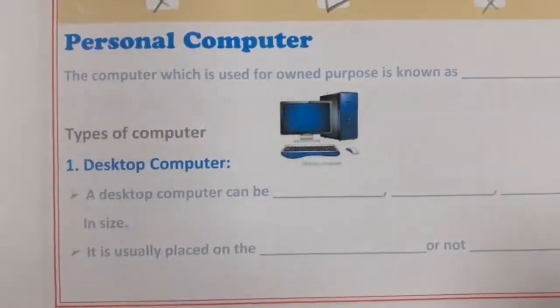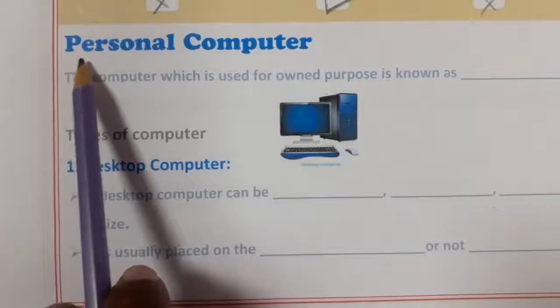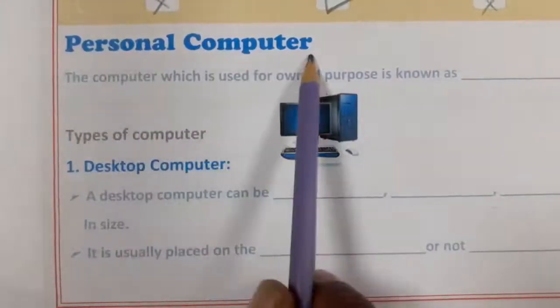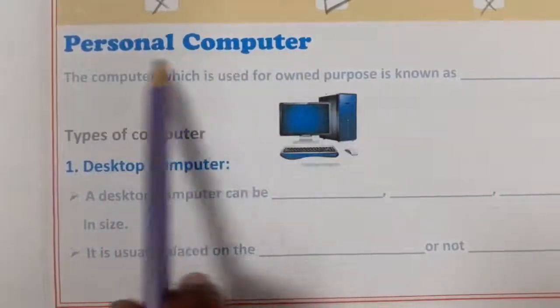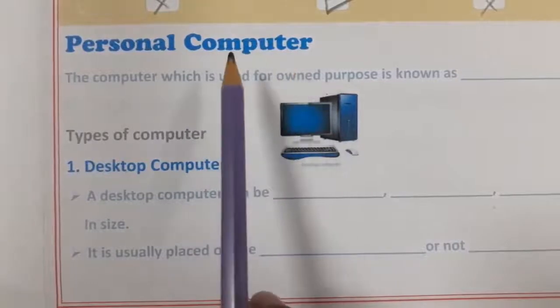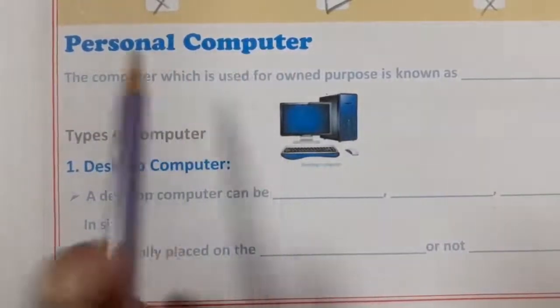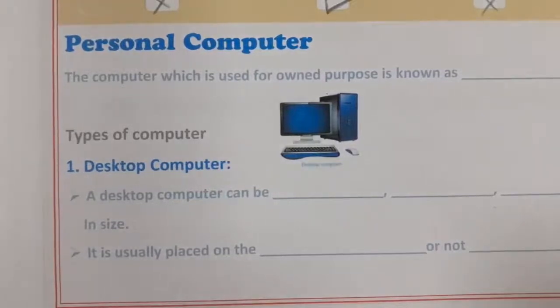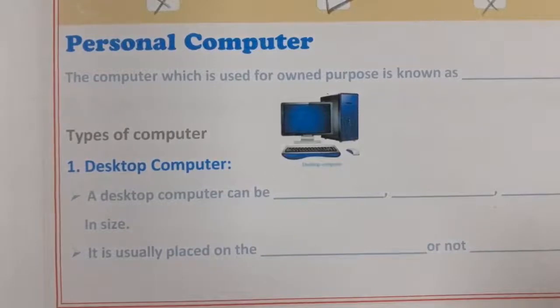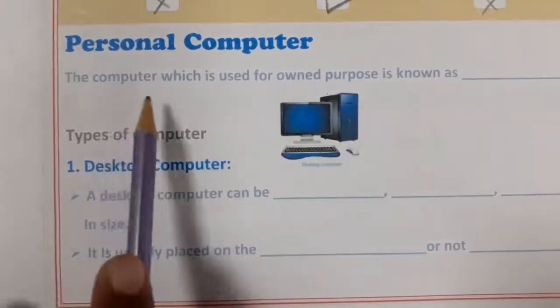Now see, the next point is what? Personal computer. Now in this chapter we are going to learn the types of computer. The first type is personal computer. What is personal computer?